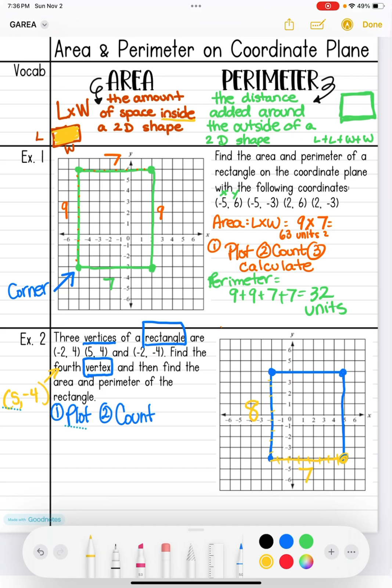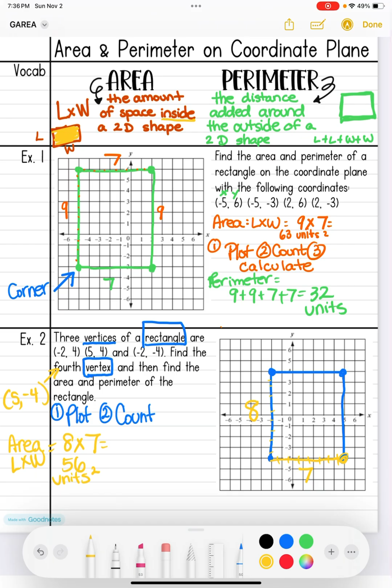Okay, and area. Let's see, area is length times width. And we're doing a rectangle, so it is 8 times 7. That would equal 56 units squared.